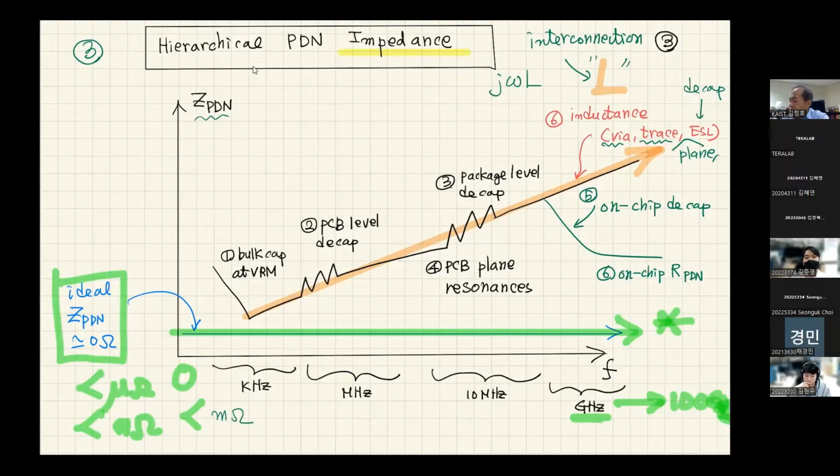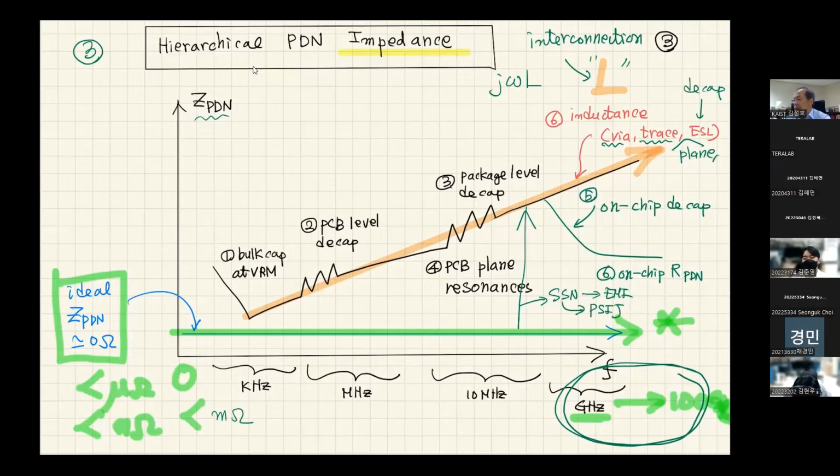But remember that we're going to have a huge amount of switching current in the gigahertz range, and naturally the impedance is much higher than our target impedance. It's going to be a source of SSN, and it will produce EMI, or sometimes it produces the PSIJ issue, power supply induced jitter.